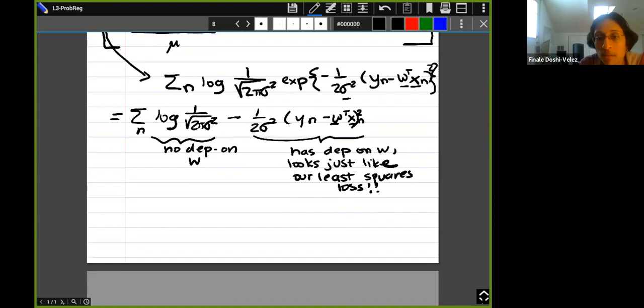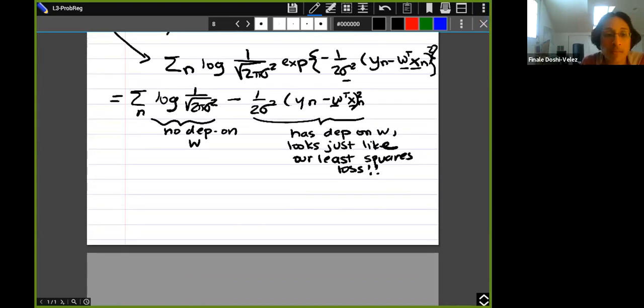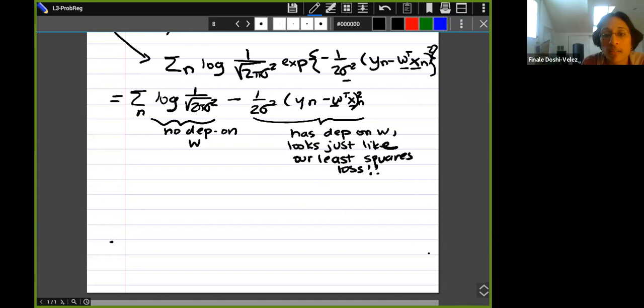Right, so this is pretty cool. We started out with a story of how these data were generated, and as we pushed through the story, we ended up with this expression for the log probability of the data, which has a term that looks just like the least squares loss.